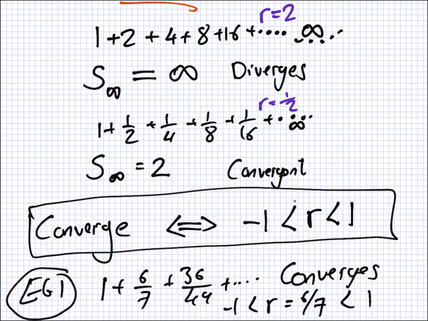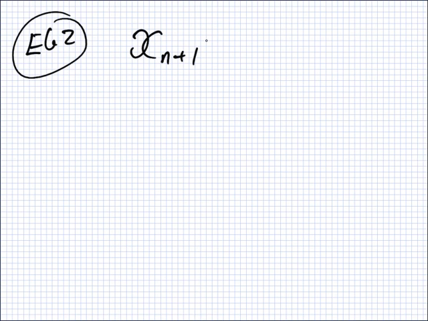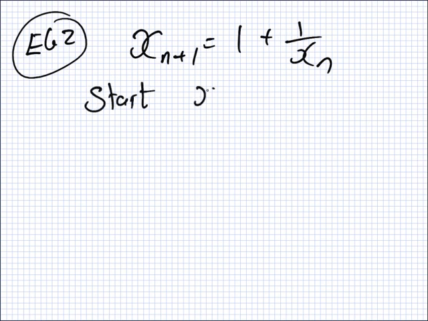Now, you'll need your calculator for the next example. So the next example, do you remember the name of this type of sequence? Recursive. Okay? And I'll tell you to start with x1 equals 1. So then what does that make x2 equal to?